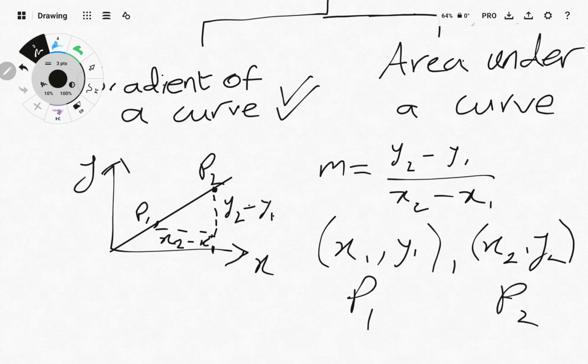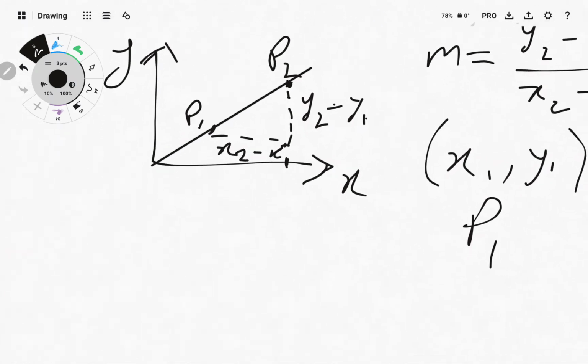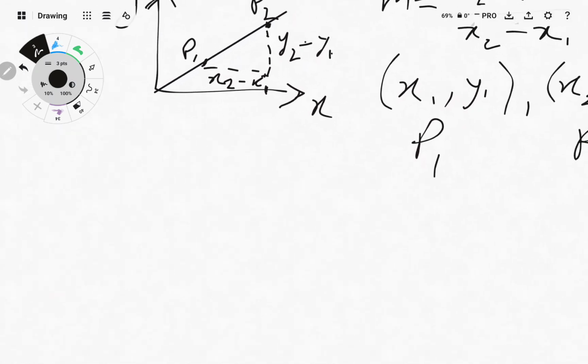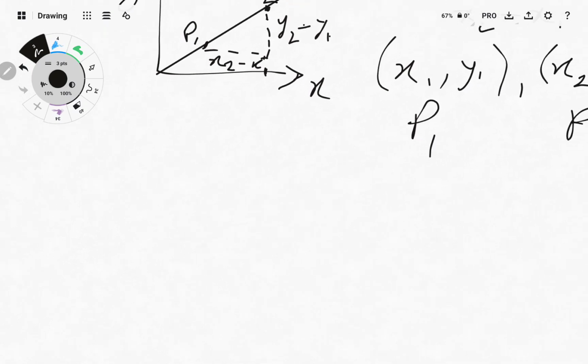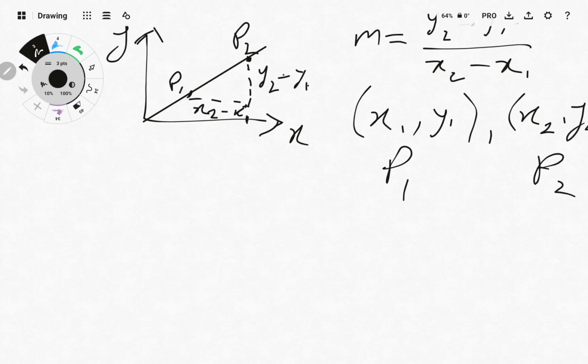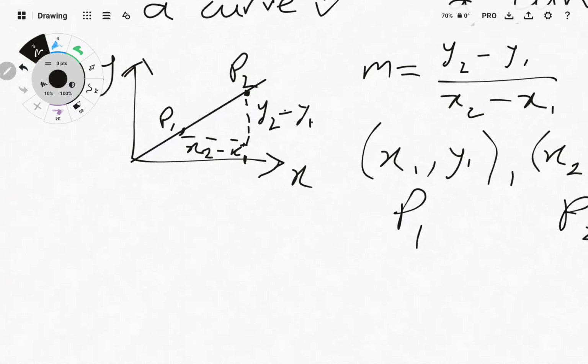Alright, I know it's getting a little messy, but I'll try to be a bit more clear from now on. Basically I don't have the required tools right now. Anyways, so this is how we all find the gradient of a straight line.